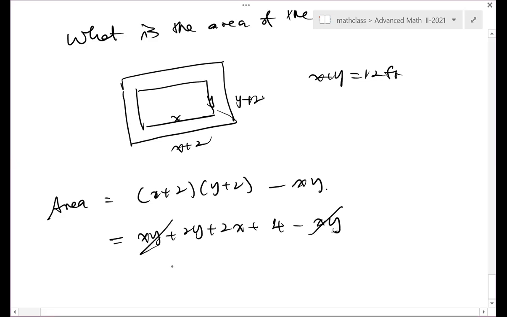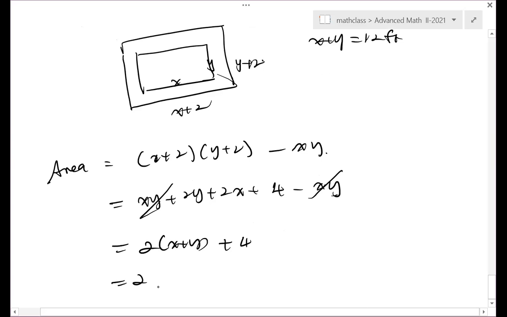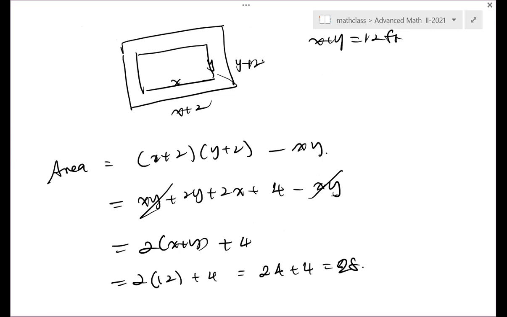Okay, then xy cancels out. Then you will see that you get 2 times x plus y plus 4. So 2 times 12 plus 4, that's 24 plus 4 is 28. 28 is the correct answer. Okay, good.